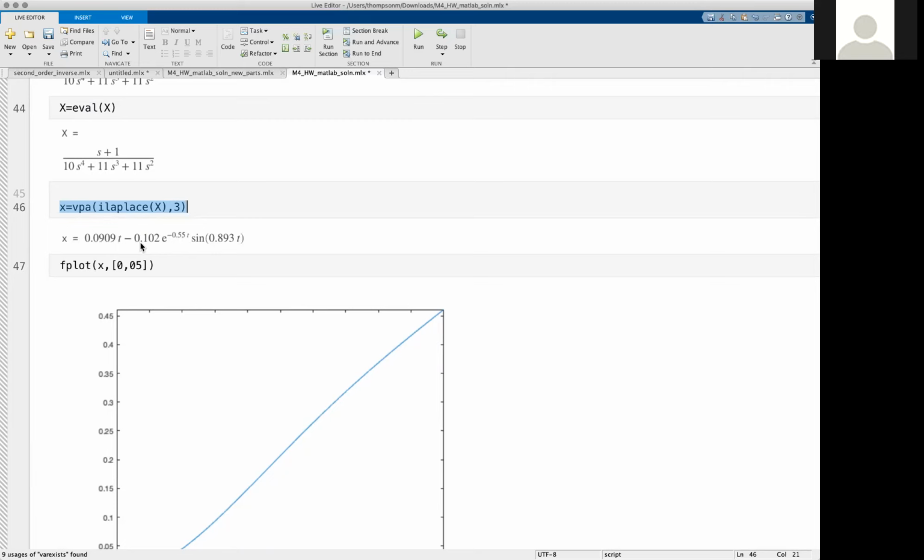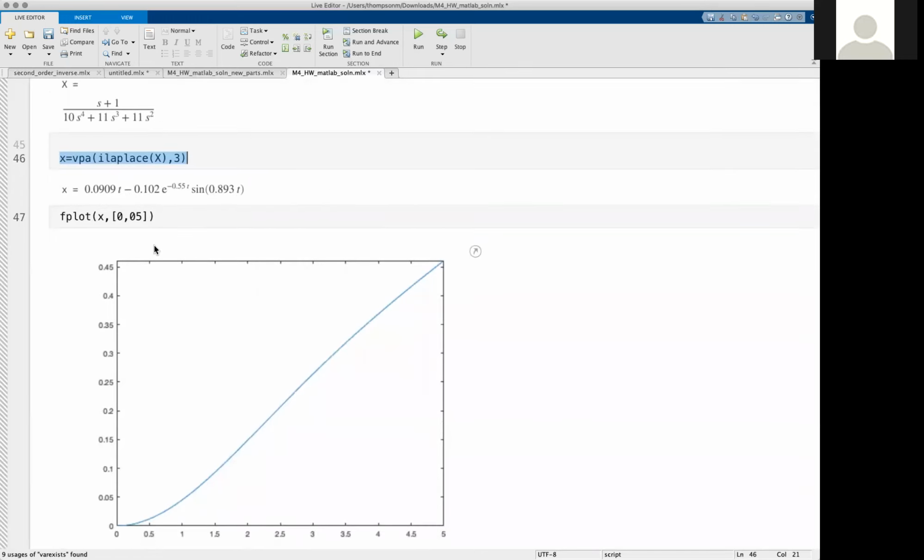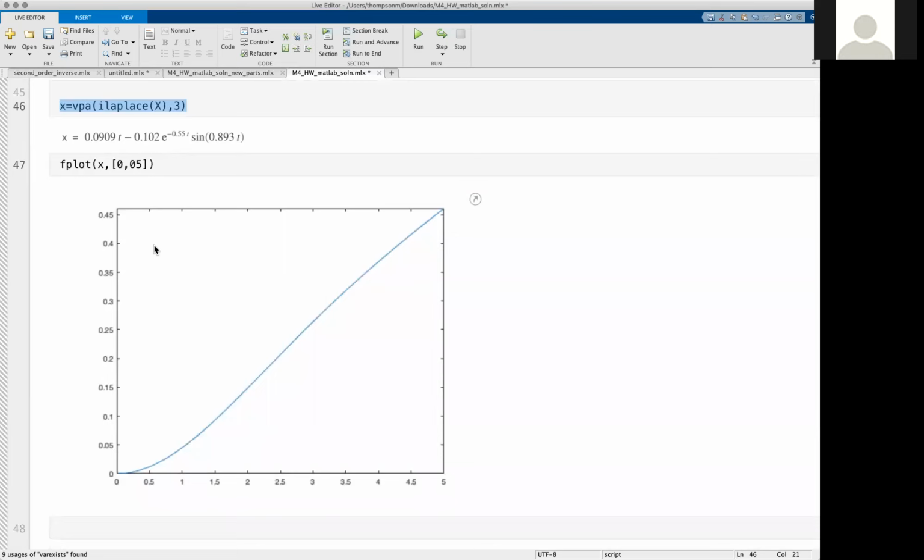Because of the interaction between the two pieces, the spring and the damper, there's going to be a little bit of oscillation in that movement, especially with the x side. Okay, so there's going to be a little bit of oscillation, and that's modeled by this term. But as time marches on, that goes away, and you just get a constant ramp function for the motion of the coordinate x on that problem.